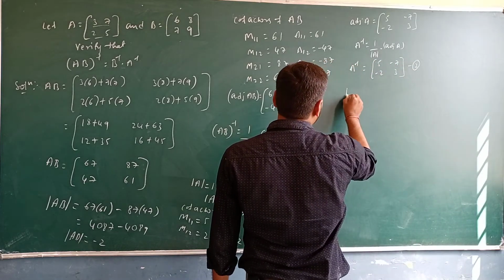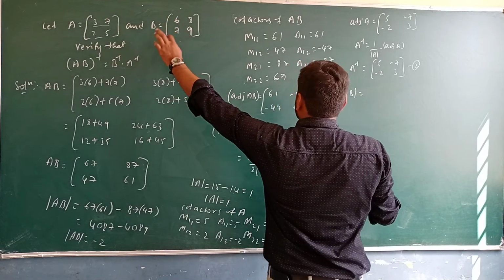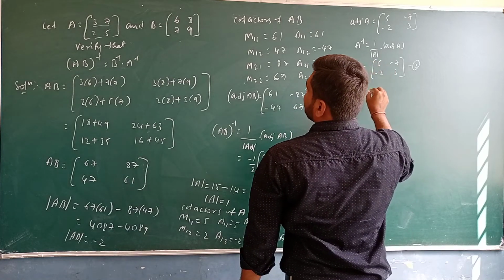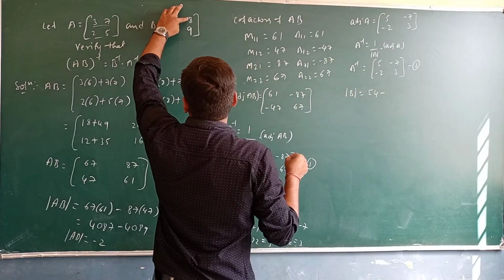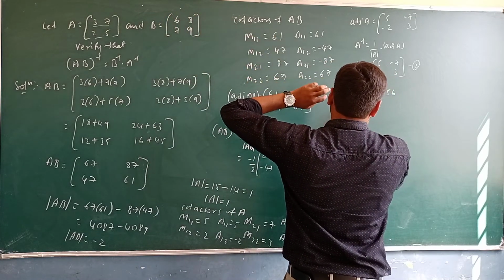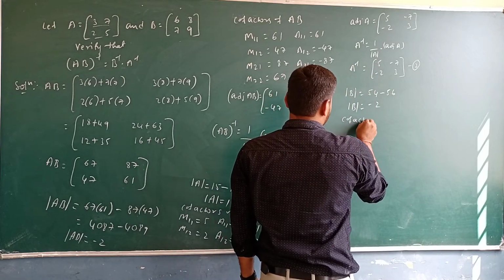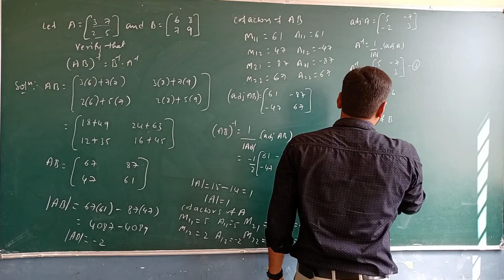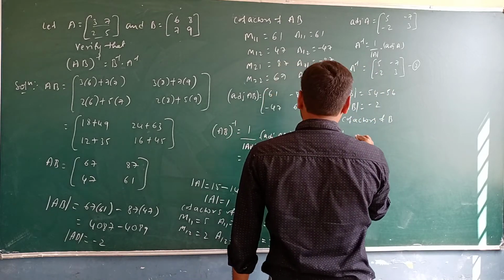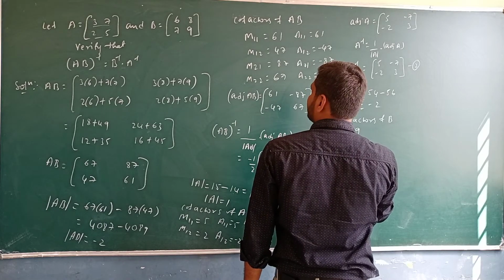So we need to find again B inverse. So determinant of B is equal to 6 9 is the 54, 54 minus 7 8 is the 56. So this is going to be minus 2. Determinant of B is equal to minus 2. Then cofactors of B. That's going to be, so m11 is equal to 9. Then m12 is equal to 7.